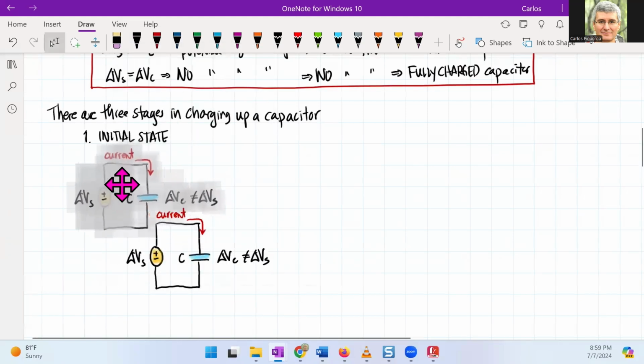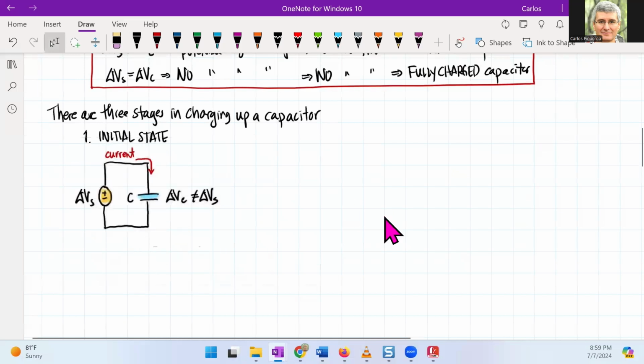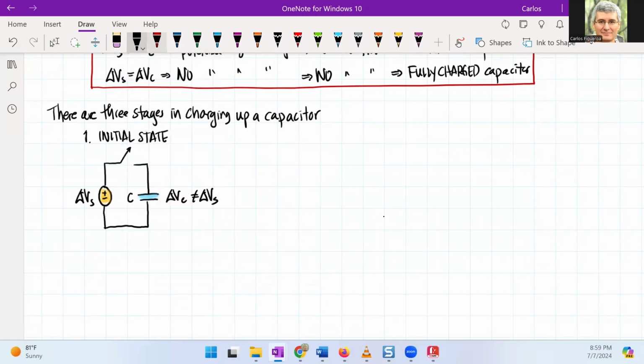So if I look at this circuit, the way it's typically drawn here is that we imagine that there is this thing called a switch. And what we know here is that at t equal to 0, I now have a complete circuit.